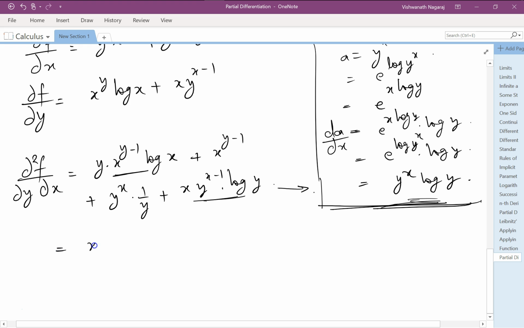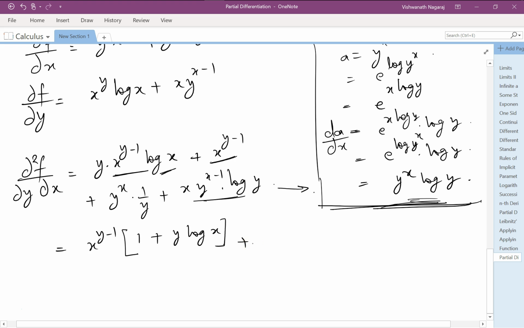So we take out x to the power of y minus 1 as common, and we are left with 1 plus y log x. So this and this have commonality of x to the power of y minus 1.